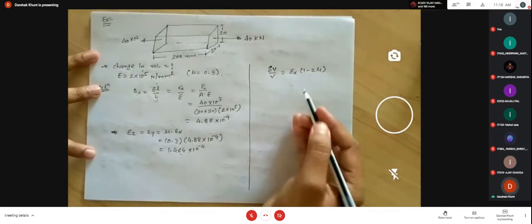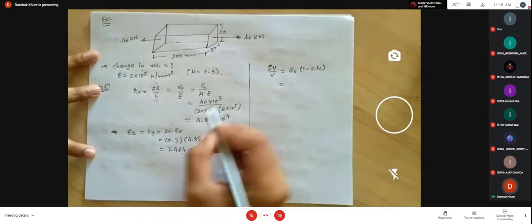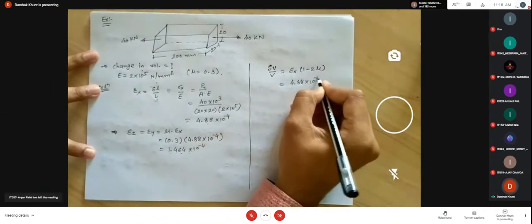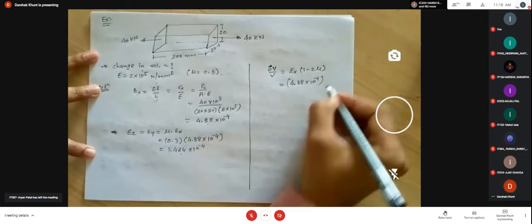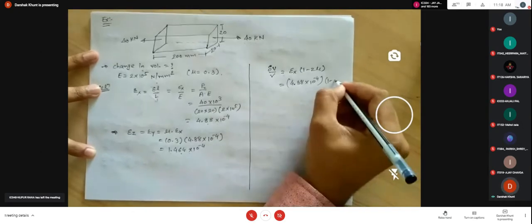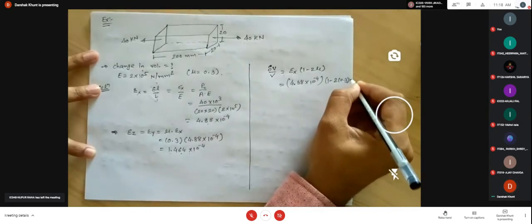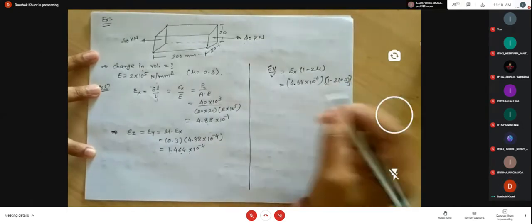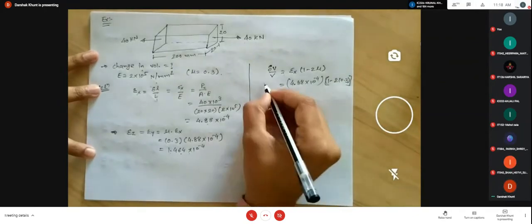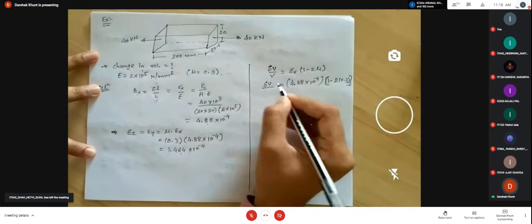Now we have to find the change in the volume. So here we put the longitudinal strain: 4.88 into 10 raised to minus 4 into 1 minus 2 mu. Mu is 0.3. Okay. Now V is the volume, and delta V is the change in volume we want to find out.